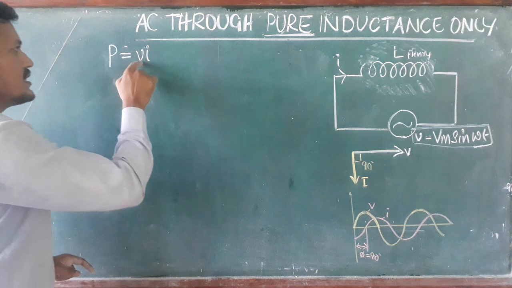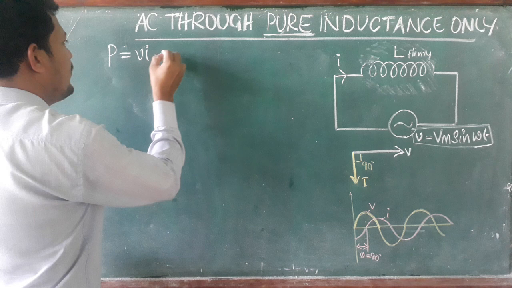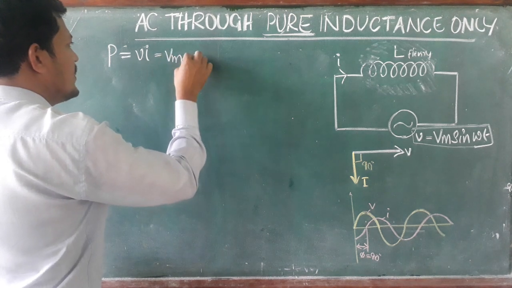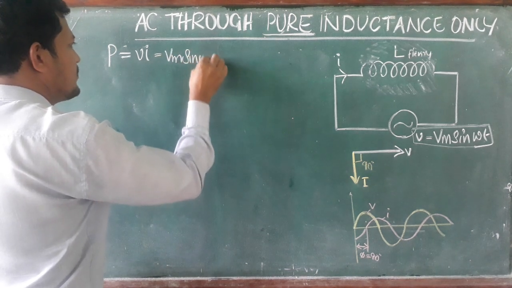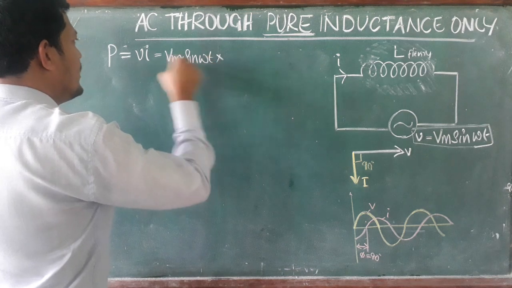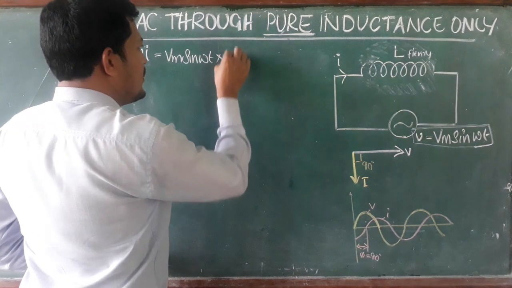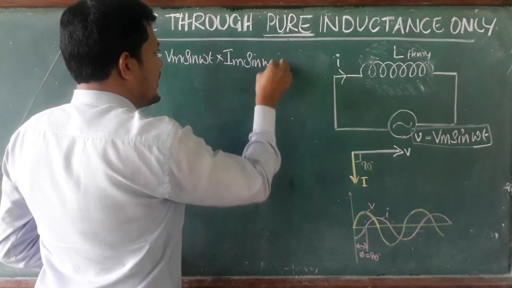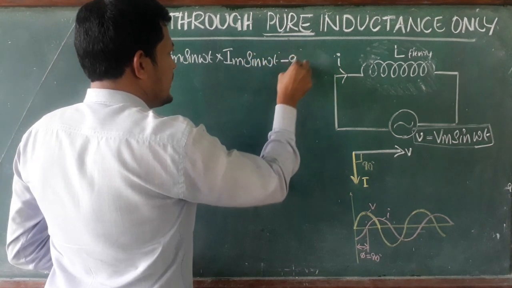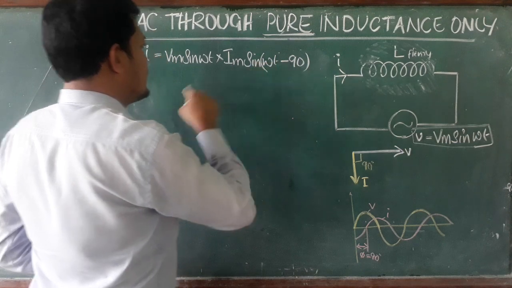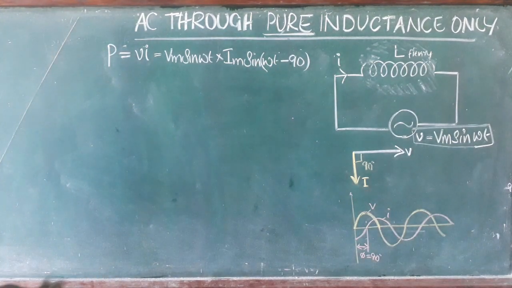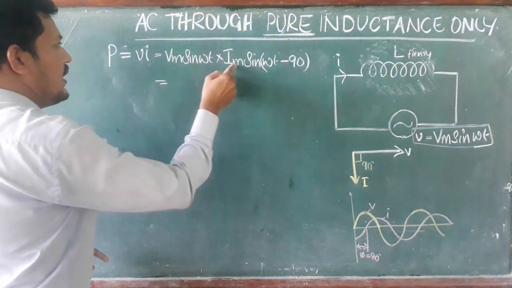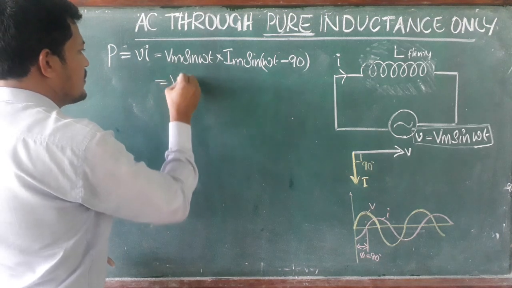So I am taking instantaneous values. Now V equals Vm sin omega t, into I equals Im sin(omega t minus 90), the instantaneous value of current. Clear? So now here Vm Im is constant.